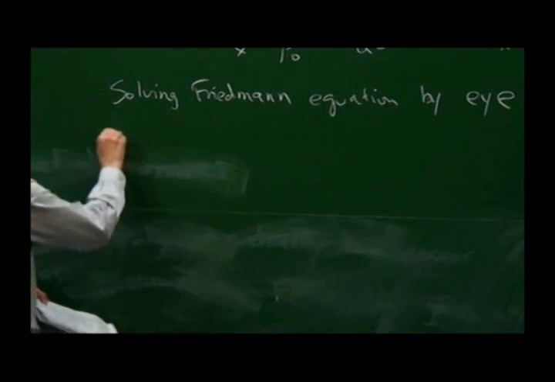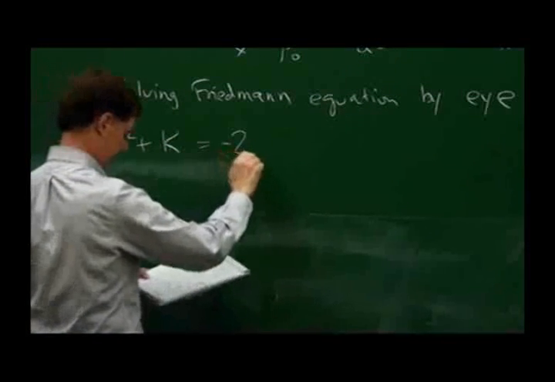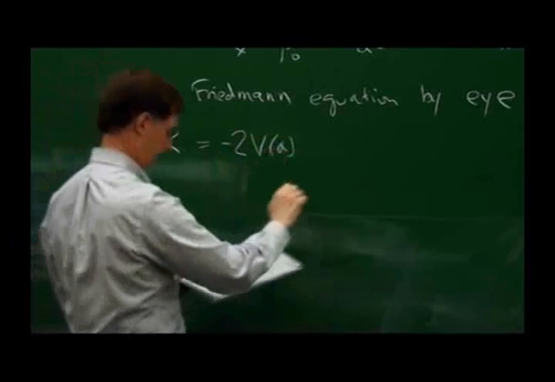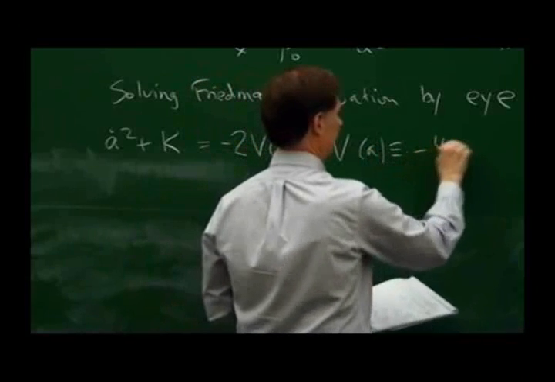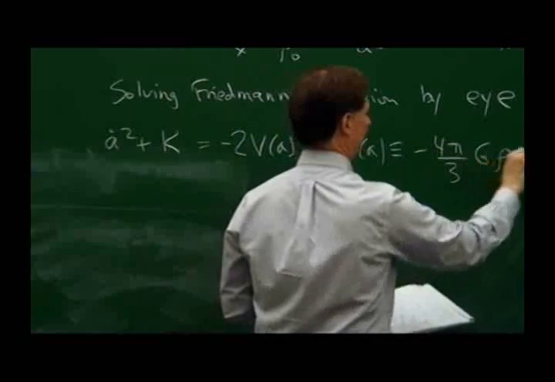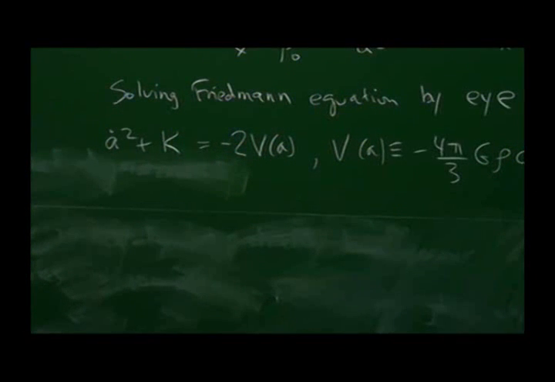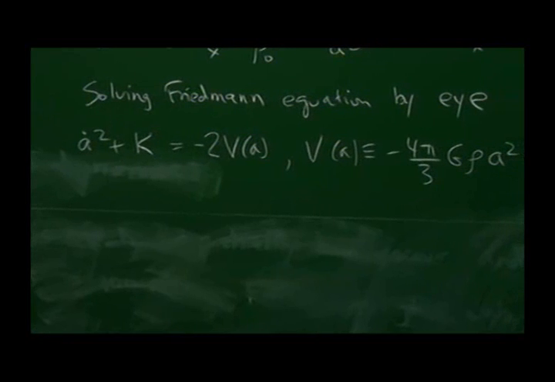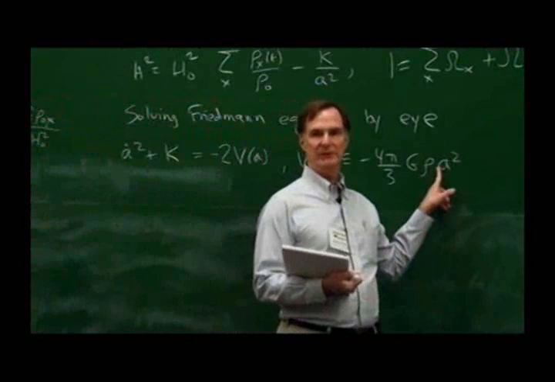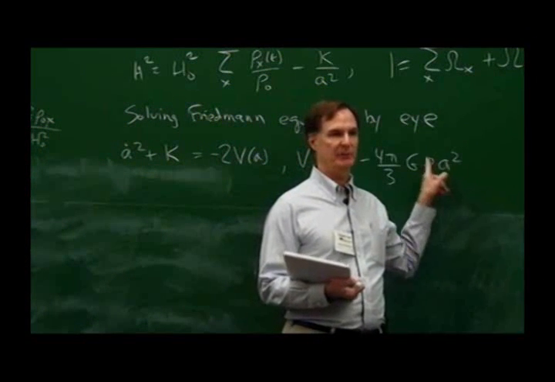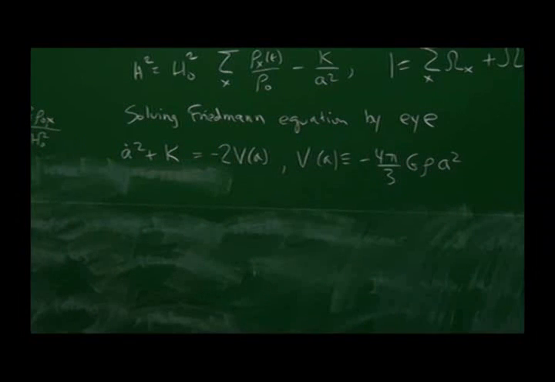I'm going to write the Friedmann equation in this form, by something that looks very strange, but you'll have to bear with me. Remember, rho is a function of time, but A is also a function of time, and so perhaps rho can be written as a function of A. We will see that it generally can.